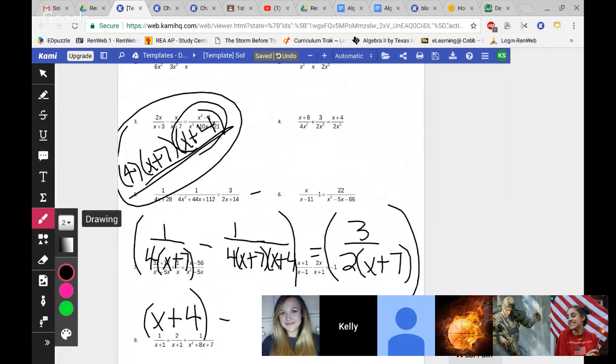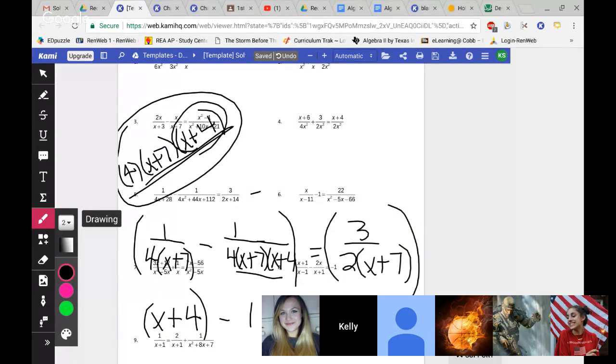Now, this next part, 1 over 4 times x plus 7 times x plus 4, that whole thing is represented there. Everything about it. So it technically cancels completely out, and you're only left with the numerator.